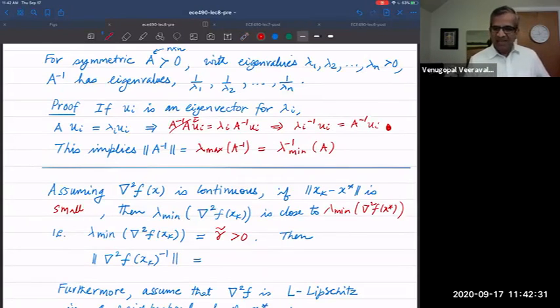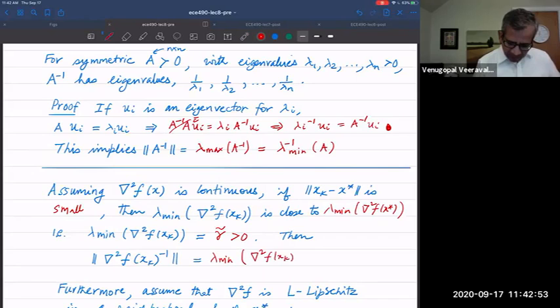It's the lambda max of the inverse, which is the inverse of the lambda min of the Hessian at xk.